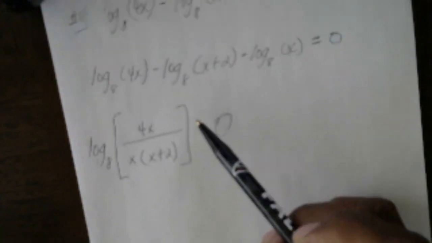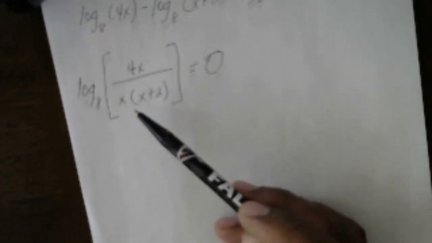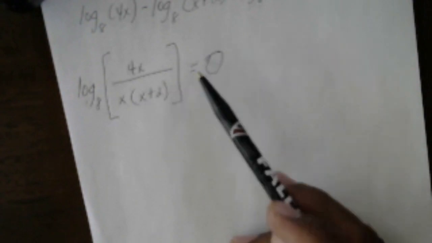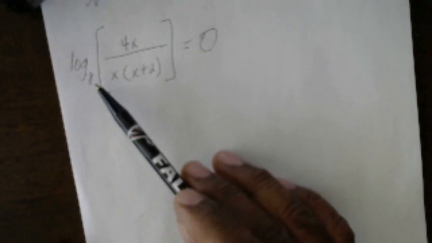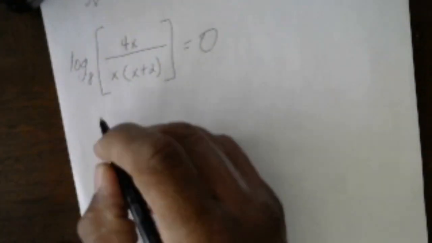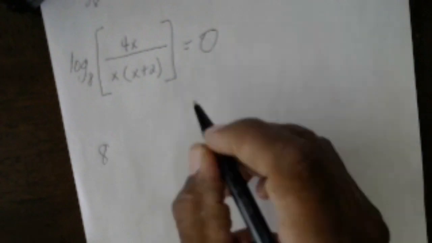All right, so this is what I have. Notice that in my denominator I have x plus 2 times x. Those things go in my denominator. The next thing I'm going to do is rewrite this as an exponent. So the base of my log is 8. That means the base of my exponent is 8.